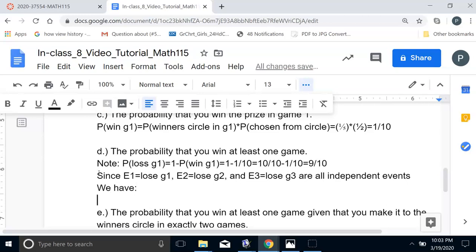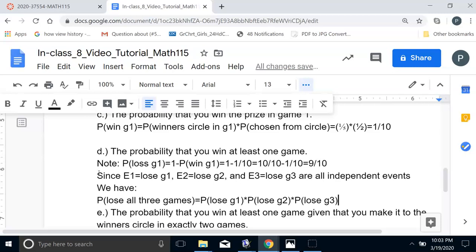We have then the probability that we lose all 3 games will be equal to the probability that we lose game 1 times the probability that we'll lose game 2 times the probability that we'll lose game 3.